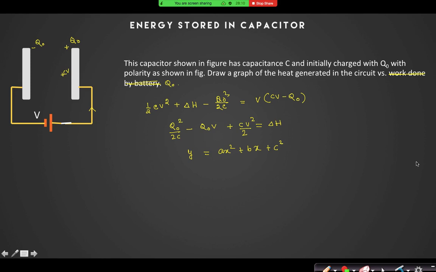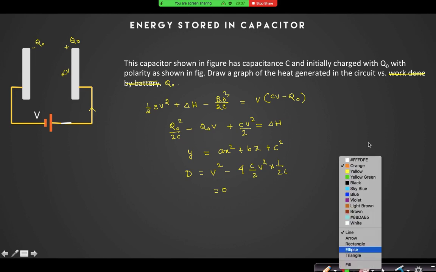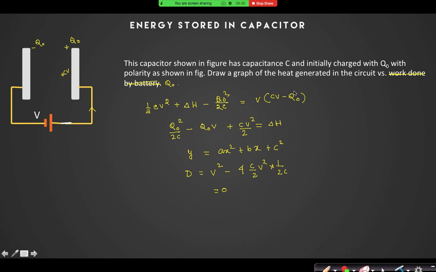Minus B is positive, 2A is positive, so minus B by 2A is also positive. And if you try to calculate its discriminant, B square minus 4AC, B square is V square actually, 4 into C by 2 into V square into 1 by 2C, right? You can see it is 0. So as the discriminant is 0, definitely the graph will look like this.